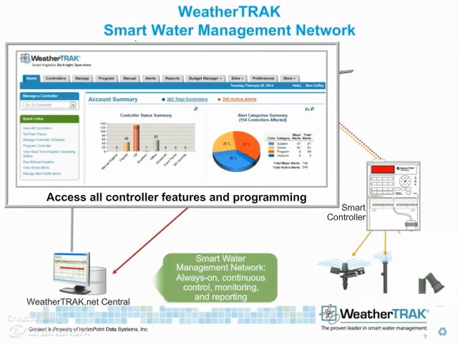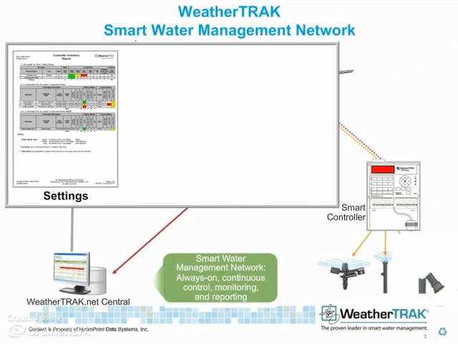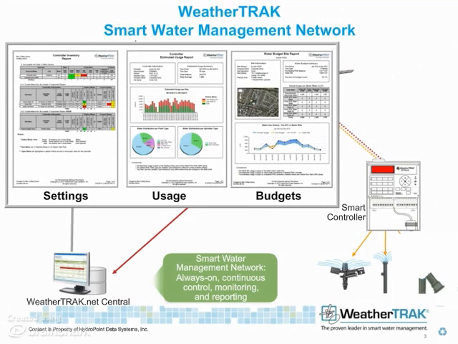In addition, weathertrack.net keeps a record of the controller history and can generate WeatherTrack reports about your controller settings, your measured or estimated usage, or track water budgets against an allocation or fiscal budgets.